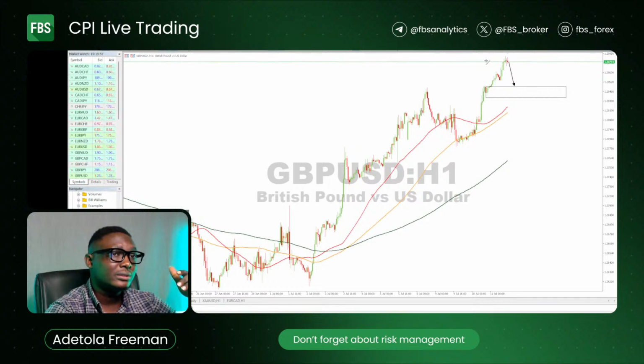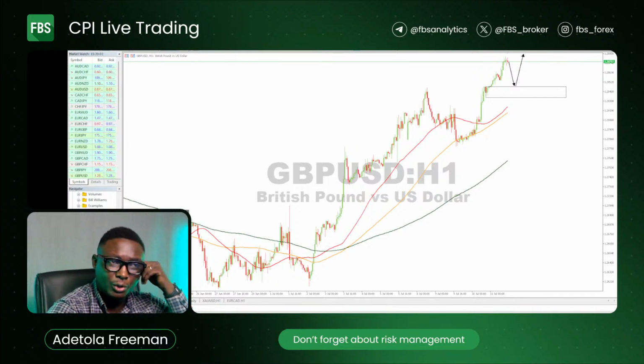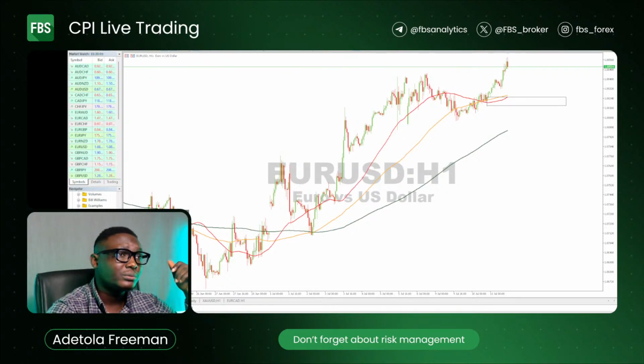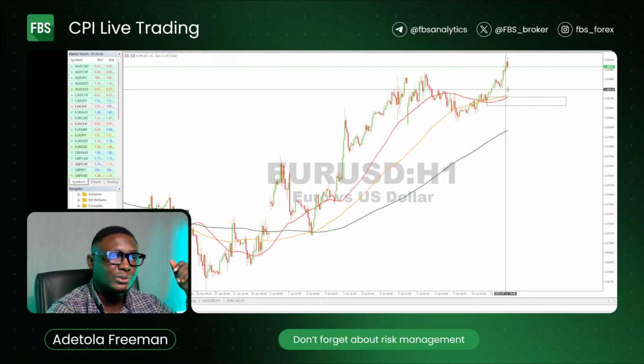I'm going to give you the figures, but hold on. The same thing is what I'm expecting here too. This low is going to serve as an inducement, which would give room for liquidity to be swept, and then thereafter price can fly.